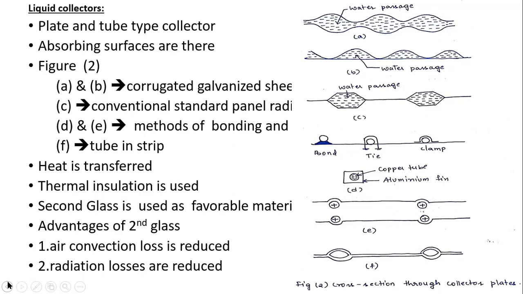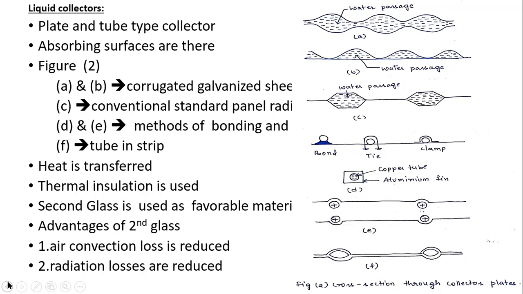So the main purpose of the transparent cover of a flat plate collector is to decrease the heat loss without reducing the incoming solar radiation. We have to collect more solar radiation without losing it, that means without re-emitting it.